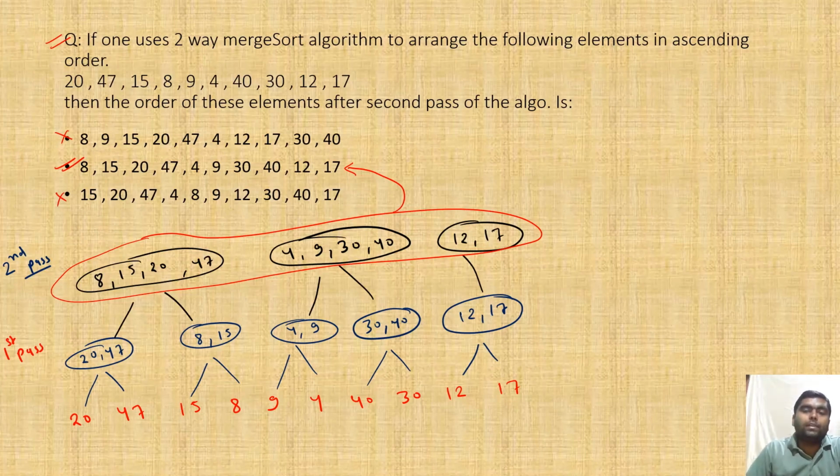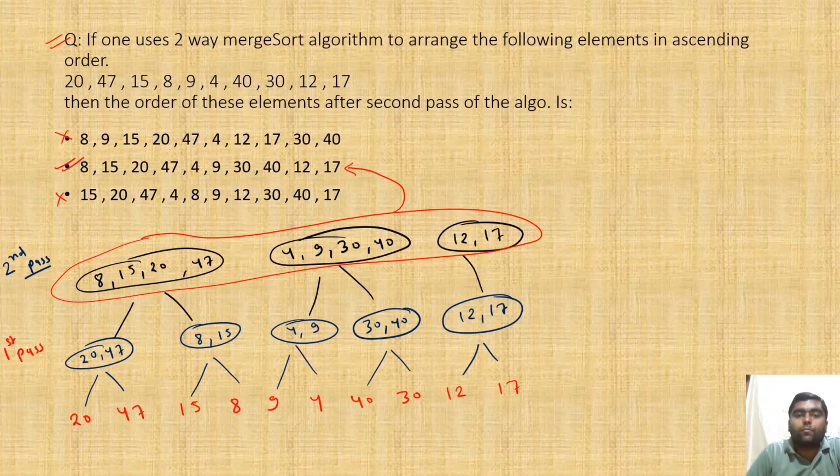So ultimately we can say that merge sort is a very important sorting algorithm which comes under the divide and conquer strategy. And merge sort uses the merge procedure. What is the merge procedure used for? For merging two already sorted arrays.